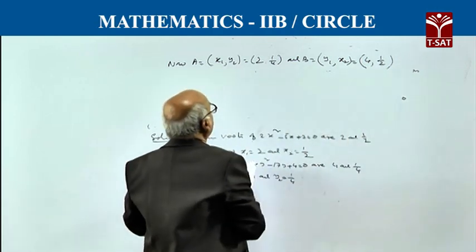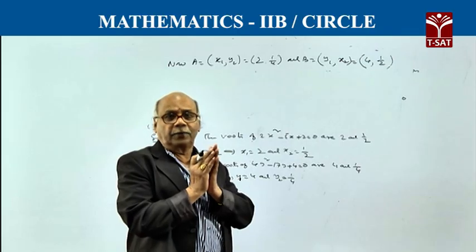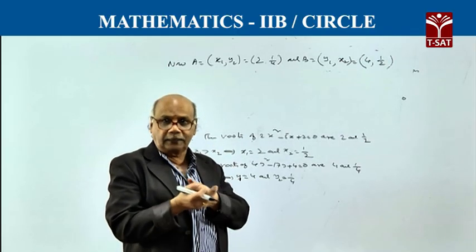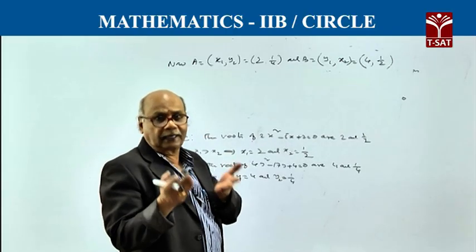All of you know that the equation of a circle with extremities of a diameter (x1, y1) and (x2, y2) is (x minus x1)(x minus x2) plus (y minus y1)(y minus y2) is equal to 0. That is a result.